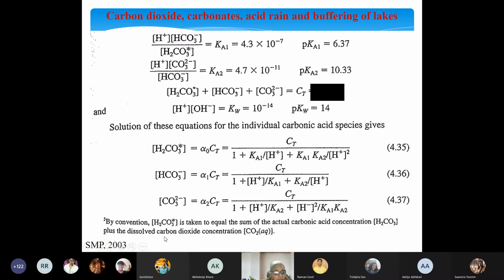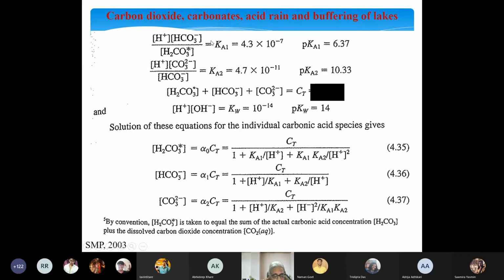You also have dissolved carbon dioxide concentration. There is some amount of CO2 which is not reacting with water, but is in the aqueous solution. So the sum of the two is H2CO3*. These are the equilibrium constants. H2CO3* will get deprotonated.